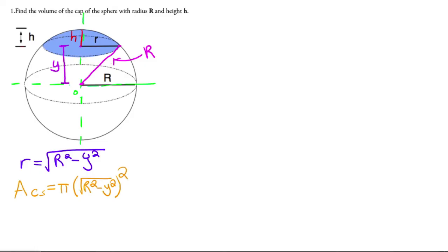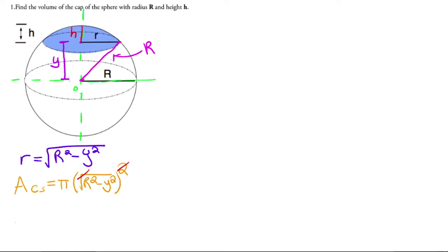Of course, we can simplify that a little bit. The area of the cross section is pi times R squared minus y squared.